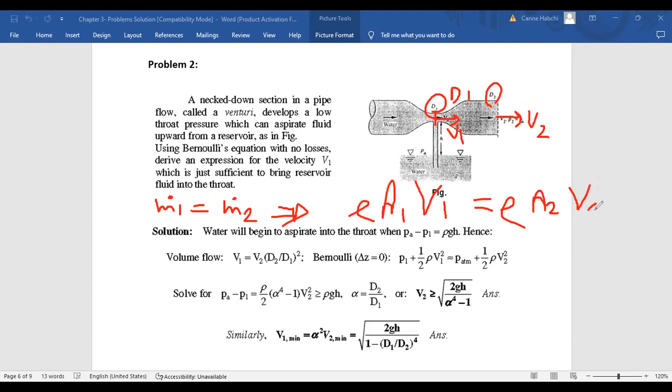Rho will cancel out. So we can relate V2 to V1. We can say that V2 is equal to A1 over A2 times V1.